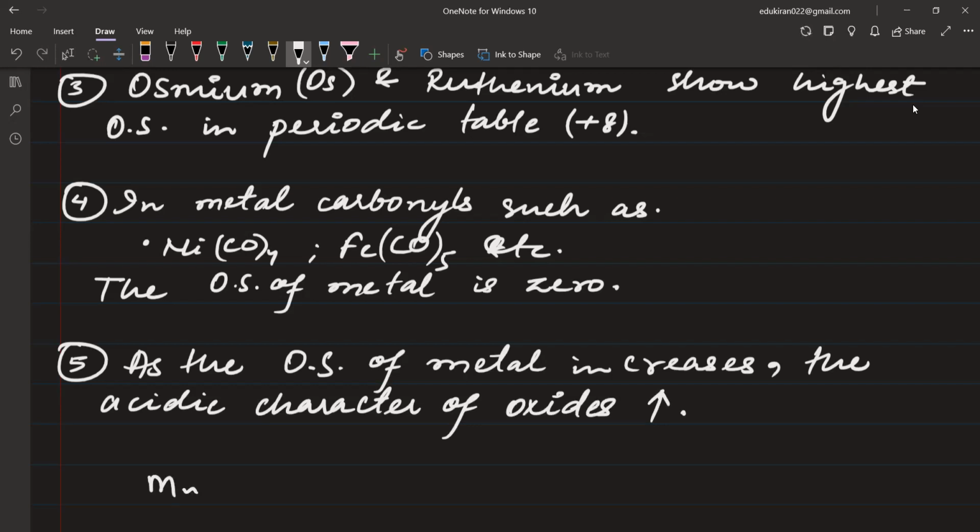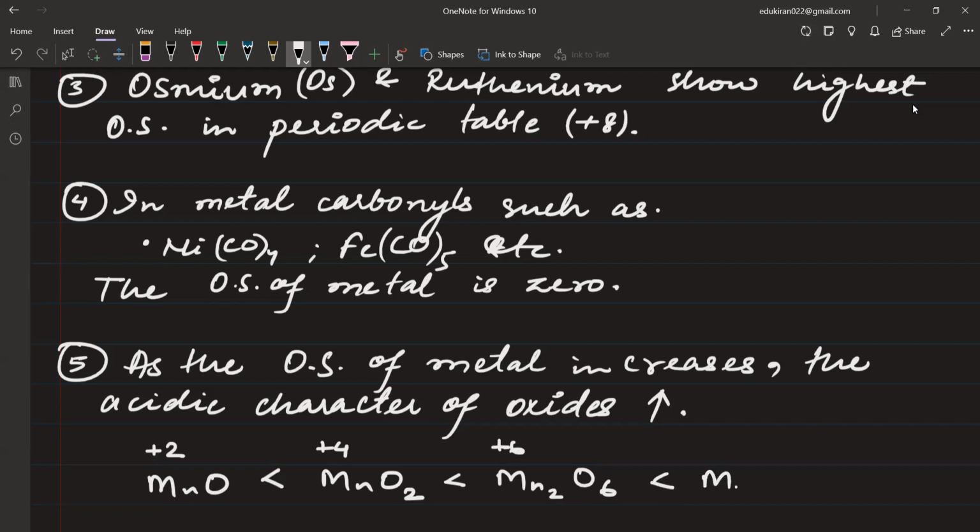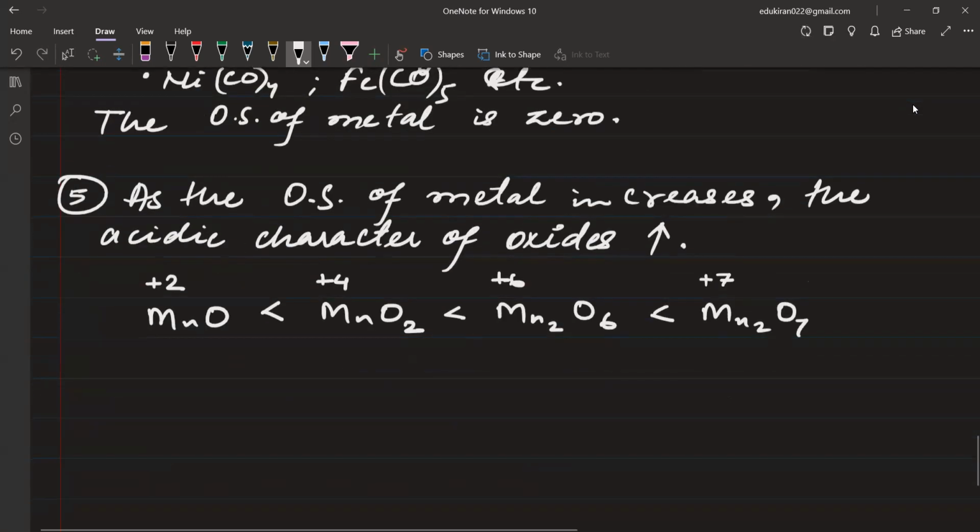If I look at MnO, which is having +2 oxidation state, and MnO2, which is having +4 oxidation state, then MnO2 is going to have a higher acidic character. Then also write Mn2O6, which has +6 oxidation state. Further, you can write Mn2O7, which has +7 oxidation state. Okay, so this is the order of acidic strength.